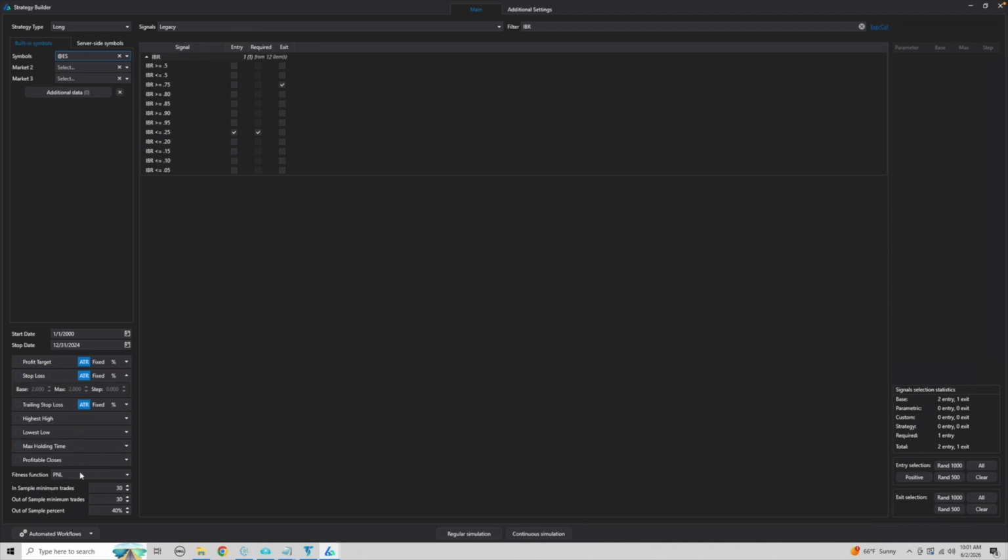The fitness function is P&L. For minimum trades, in sample we want 30, out of sample we want 30. And I'm going to change this to 50% for the out of sample percentage. Those don't matter too much at this point, other than we can see that the out of sample percentage is going to be 50% of our entire historical data, which is exactly 24 years.